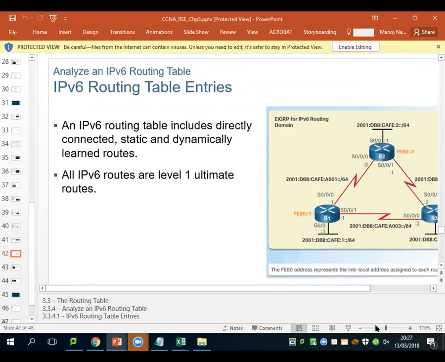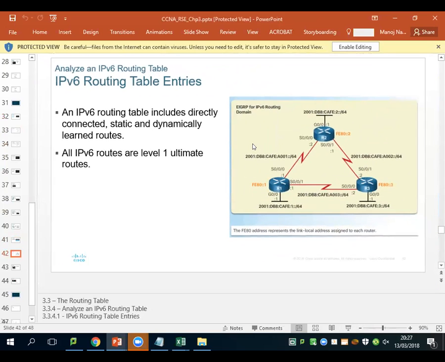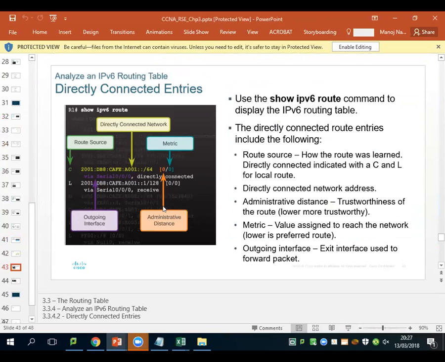Okay, routing table for IP version 6. That includes directly connected, static and dynamically learnt routes. And it says here all IP version 6 routes are level 1 ultimate routes. That's how it works for IP version 6. How you take apart an entry on a routing table, you do show ipv6 route to display the table. They include the following things. So you've got here the route source again.